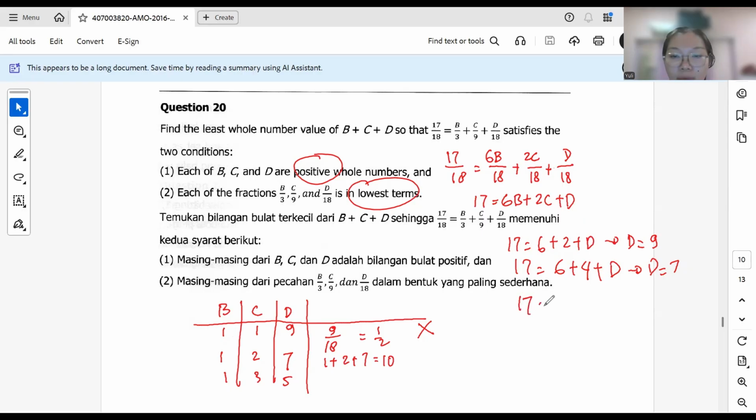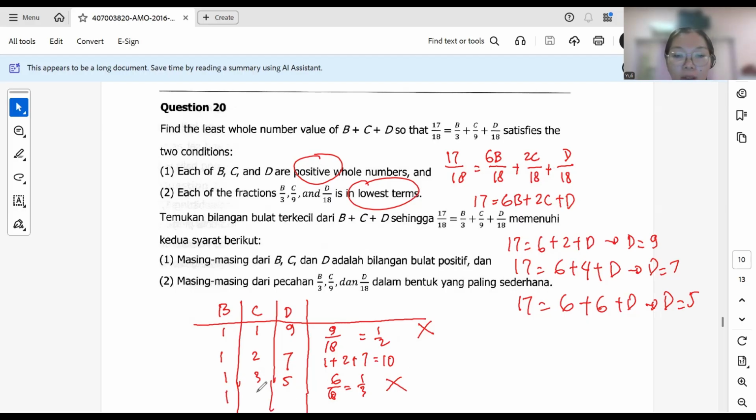If you use 1, and then 3, 6, right? You will get 5. This is also not the lowest term because the C section, 3 times 2, 6. So this is not the lowest term. You cannot use this. 1, 3, 4, and then you can keep going.